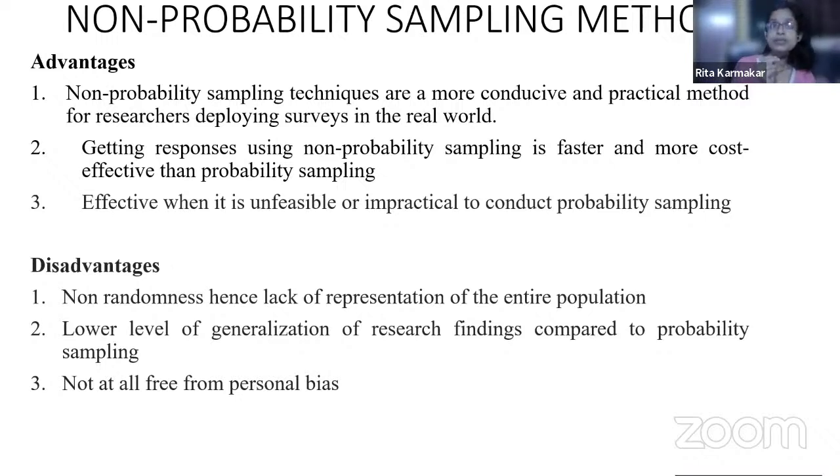So as a researcher, you need to think through and keep in mind all the different conditions, and select the sampling technique wisely, so that the rest of your research process will be correct. So that's it from my end.